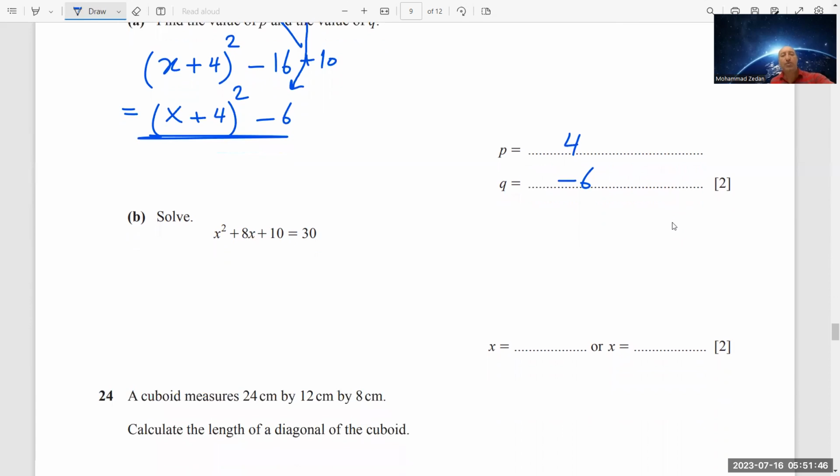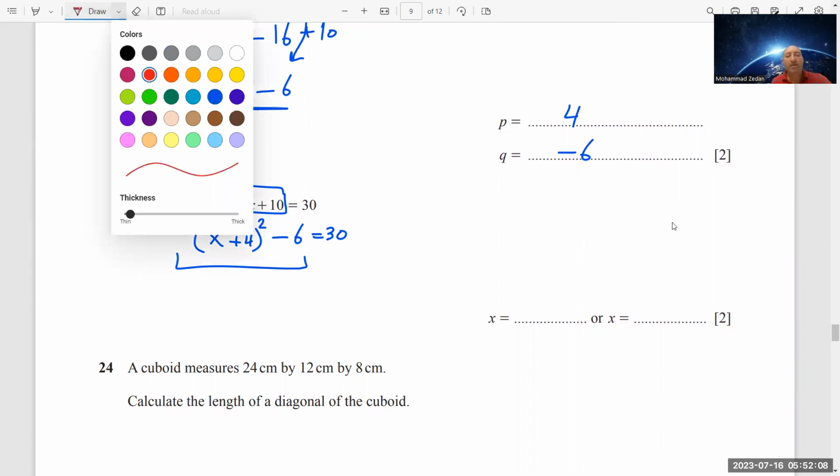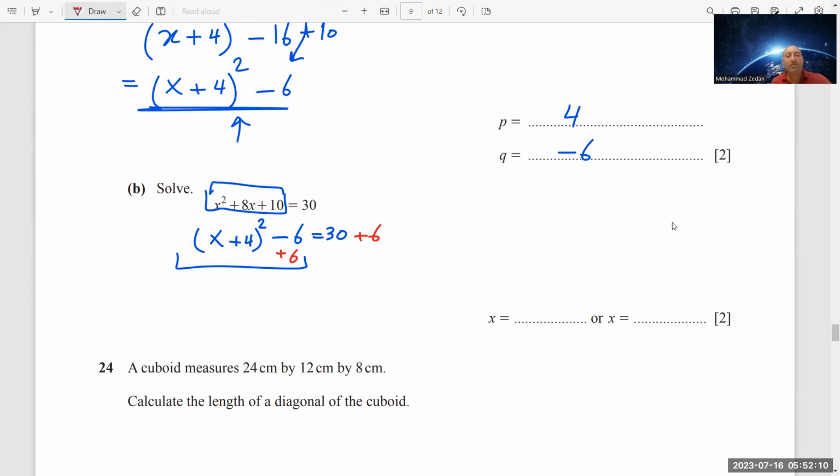And it asks me to solve this equation. This expression on the left, I already wrote in completed square form. You can just write it as x plus 4 all squared minus 6. So instead of this one, I wrote this one. Continue writing the equation. So just add 6 to each side.